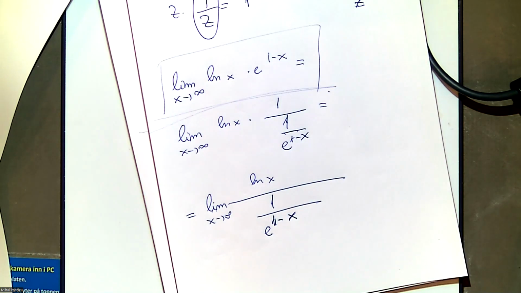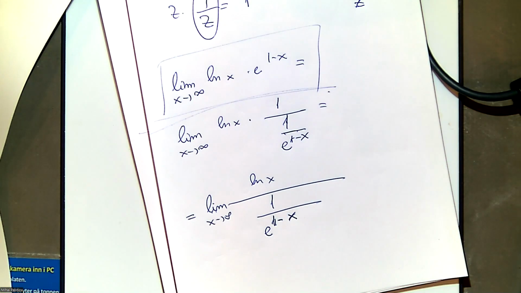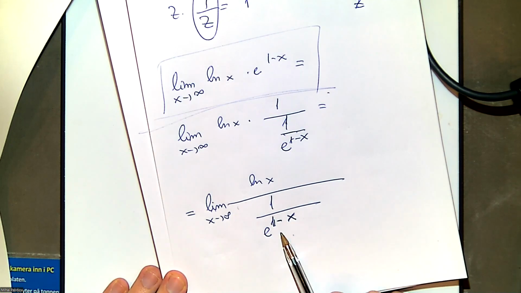Over e to the power of minus one minus x, brackets with one minus x, right?